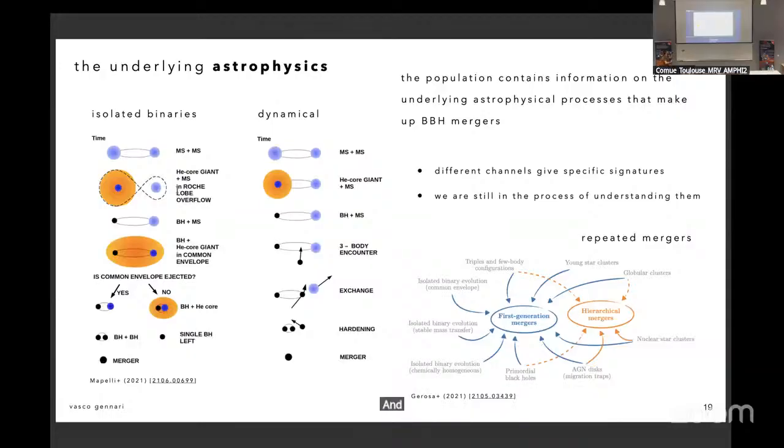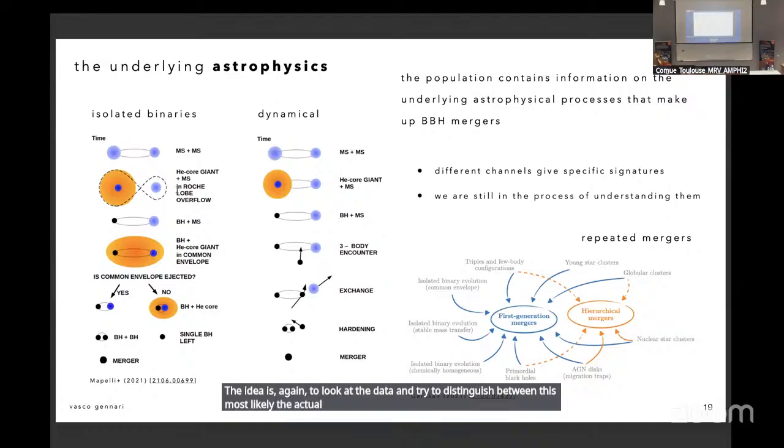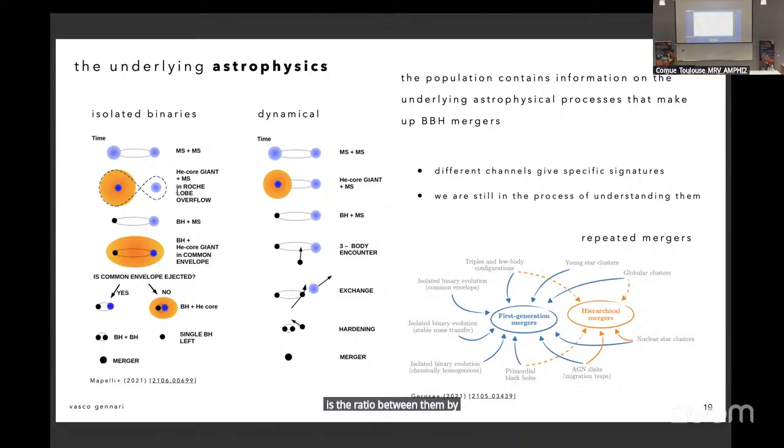The idea is, again, to look at the data and try to distinguish between these. Most likely, the actual population is given by a combination of these. One thing you can try to infer, for example, is the ratio between them by estimating a relative weight parameter, as in the first example of the two Gaussians I showed you before.